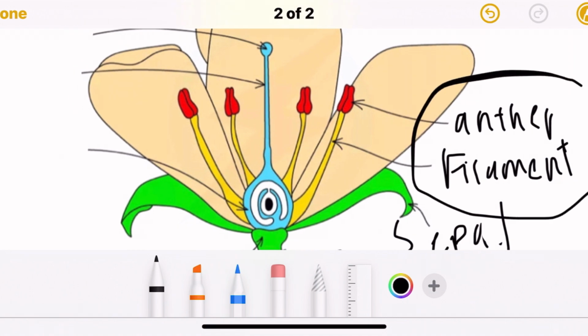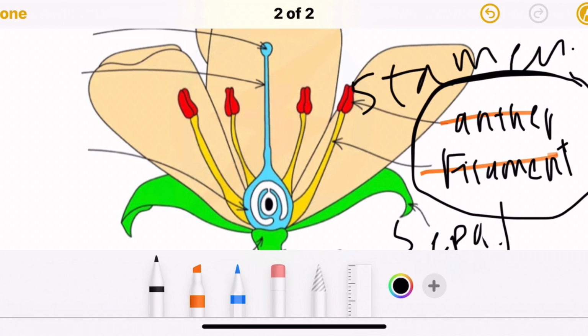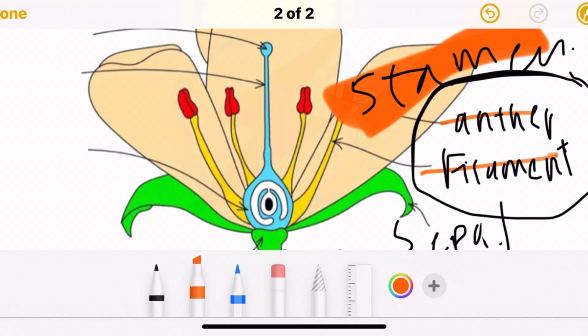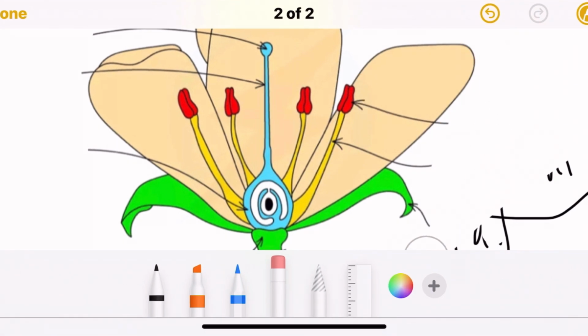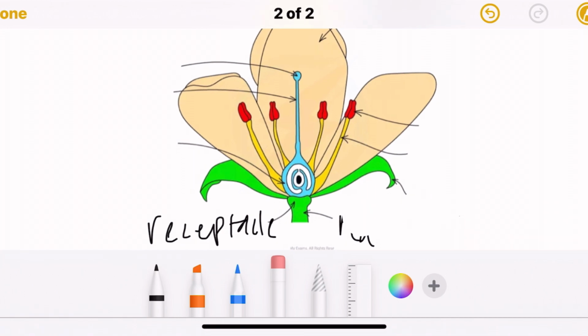And together, what are they known as? Together, they are known as the stamen.